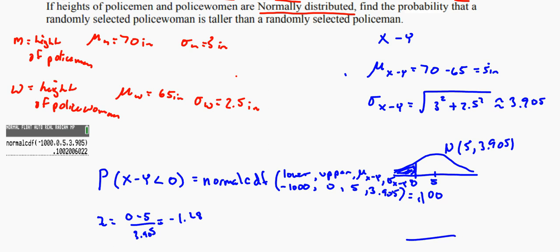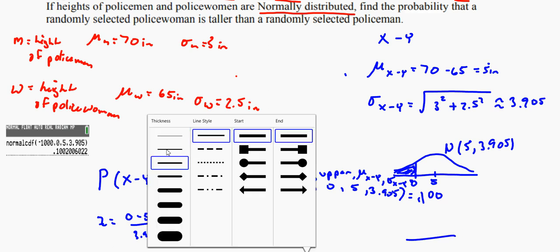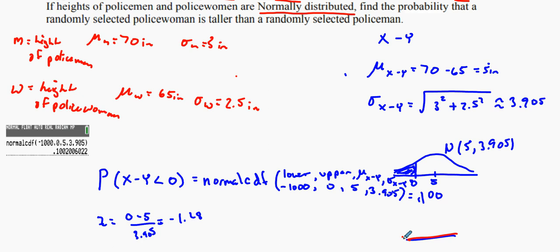On the normal distribution of 0 and 1, we're trying to find the probability of our z-score being less than negative 1.28. You can use table A, and that's going to equal the same thing, about 0.1.